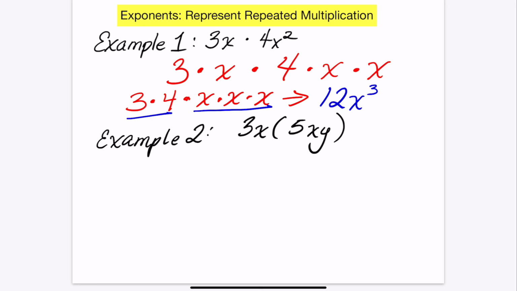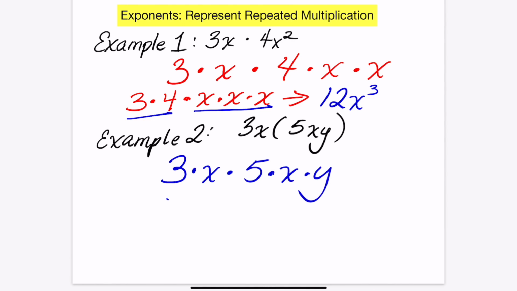And even in a case like example 2, when I have 3x times 5xy, I can again just break it up. 3 times x times 5 times x times y. And I'm going to do the same strategy of just putting numbers together. And I'm going to want to put my x's next to each other because they're like terms.